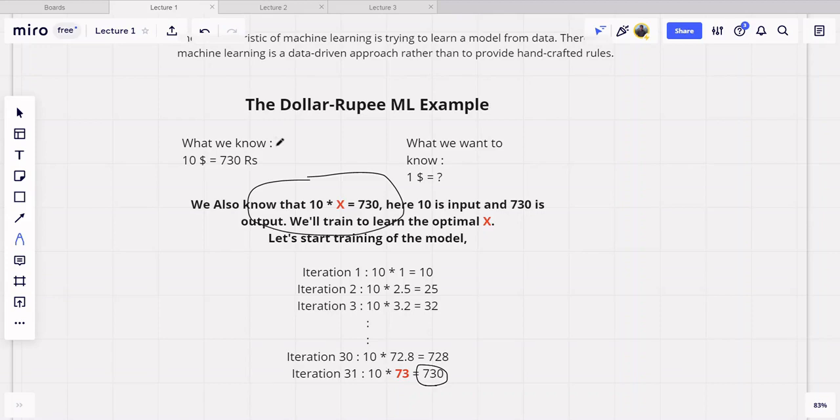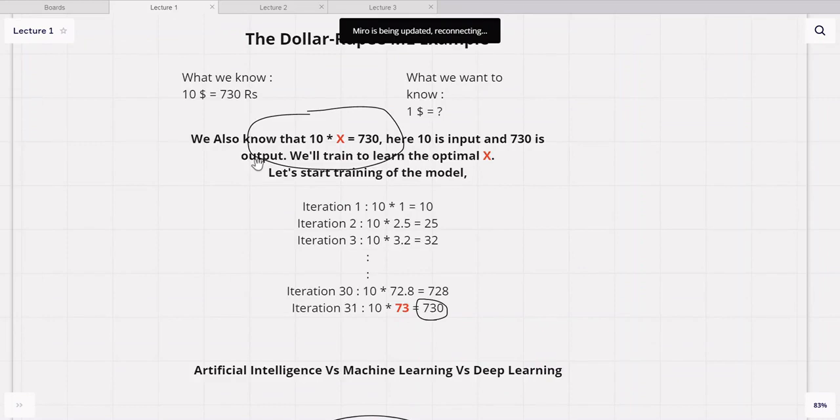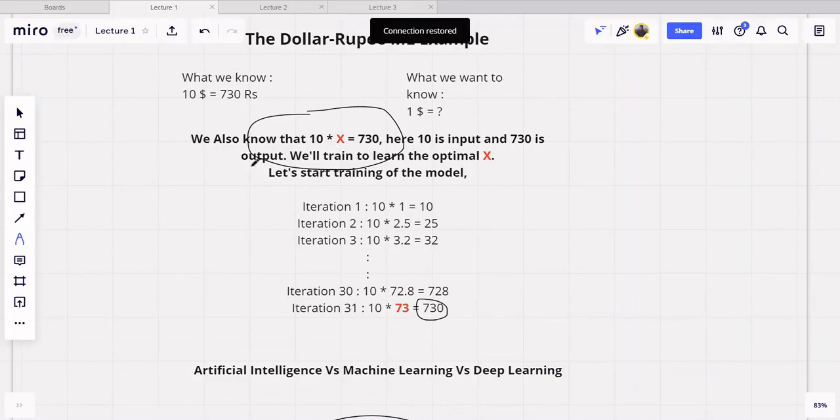So what we'll do is, now in this situation we know that $10 multiplied by x, now x can be any number. Okay, we know that $10 multiplied by x is equal to 730. All right, now the goal of this problem is to learn this parameter x.